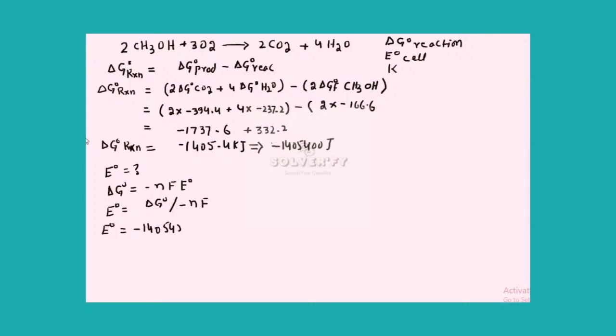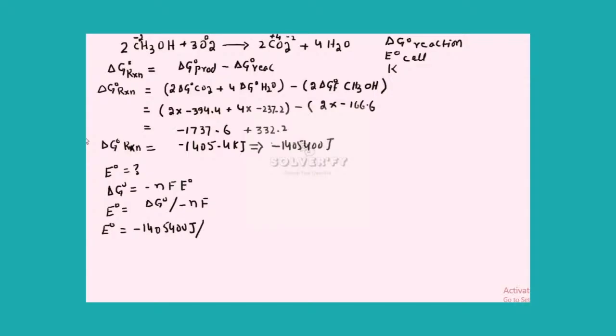So we will write the value 1405400 joule divided by n. The value of n we can determine from the equation, where the oxidation state of carbon in the equation is -2, so it changes to +4 on the right side in the carbon dioxide. Similarly, oxygen is in zero oxidation state, it becomes -2.